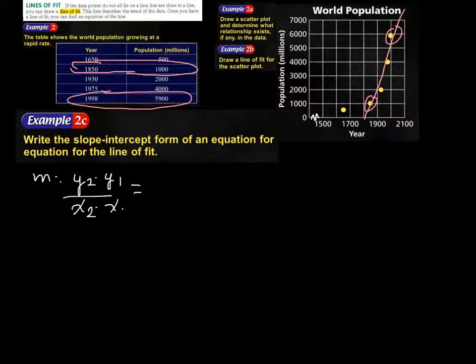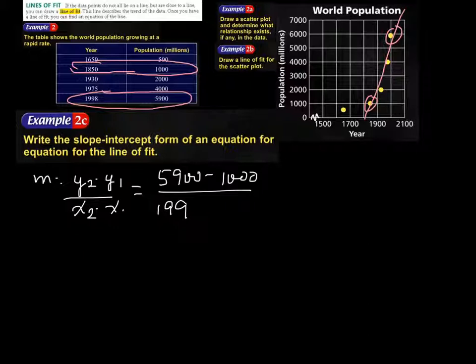So we could do our change in y, 5,900 minus 1,000, over change in x, 1998 is the, and the number that went with the 1,000, the year was 1850.